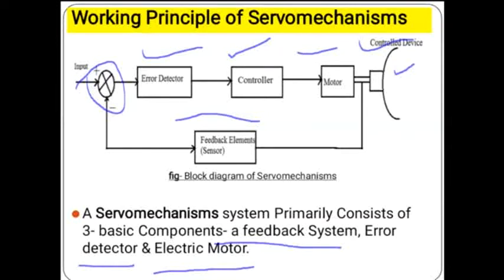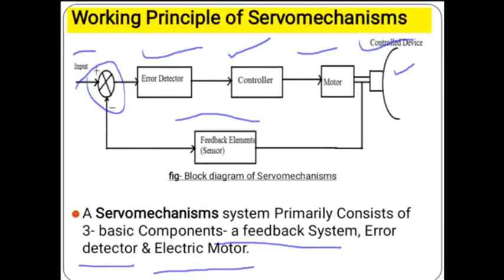Suppose we are given here the target of 180 degrees, and this signal goes through the error detector, through the controller. The controller can be any one of, like, Arduino, microcontroller or PWM techniques. Many more controllers are available.